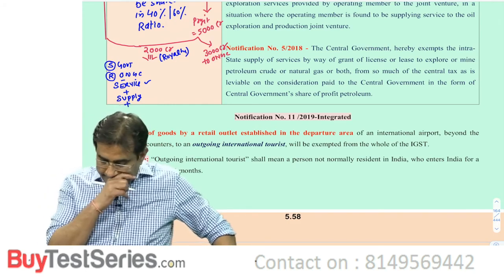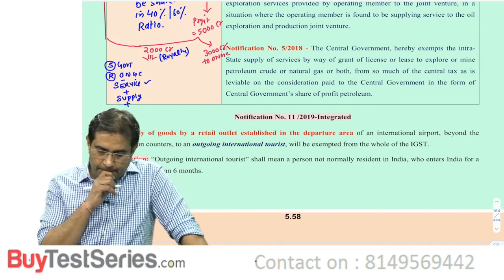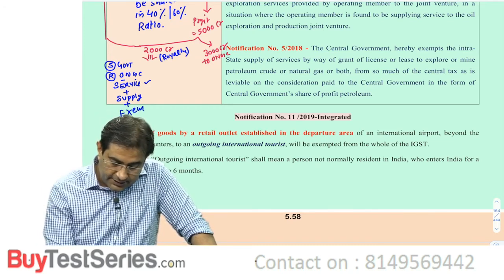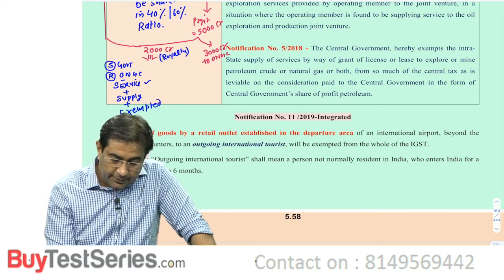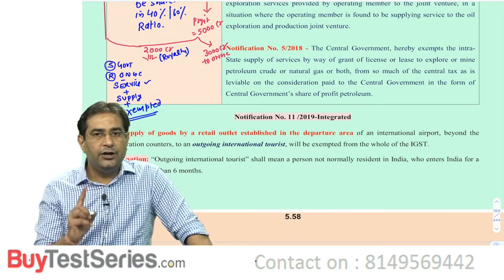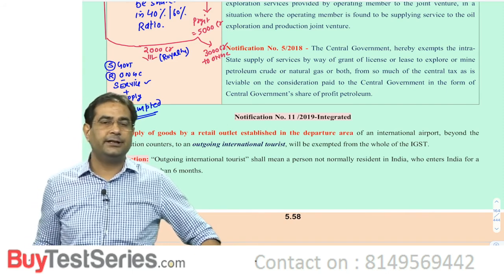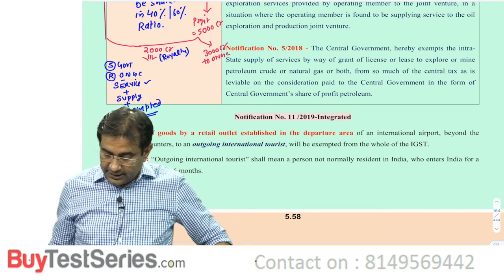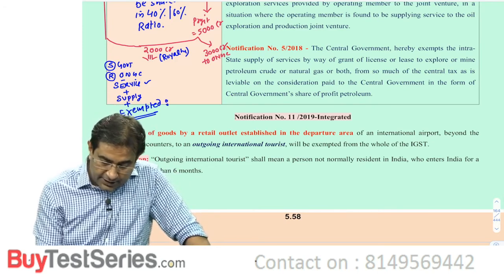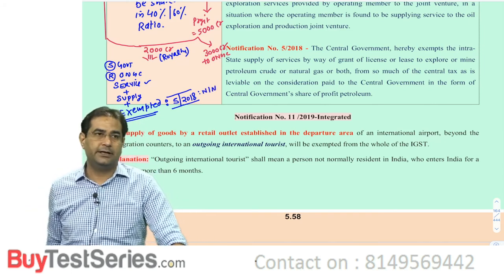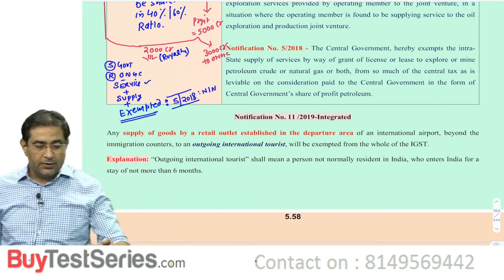And finally, is it exempted because it's a service provided by the government? You know very well, lots of services given by the government are exempted, and a separate notification, number 5/2018, is issued with respect to that. This is the notification number. It is exempted.